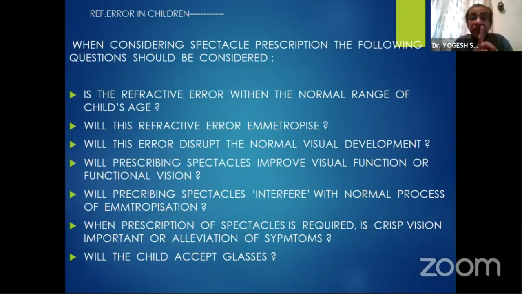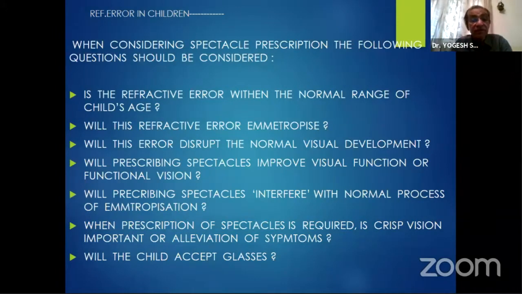Will this refractive error emmetropize? We have seen what amount of refractive error emmetropizes, and we should not be concerned. Will this error disrupt the normal visual development? Will it cause amblyopia? Will it cause a diminution of vision?